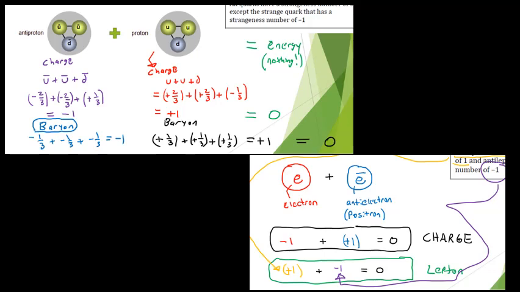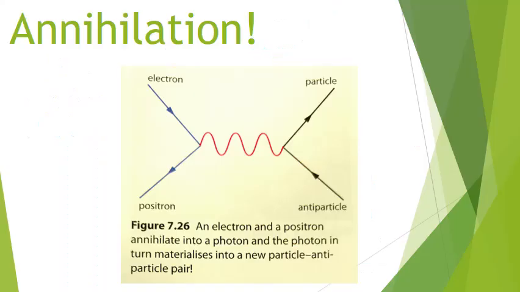So now what we're going to take a look at is this idea of annihilation. We've already looked at two examples, the antiproton and the proton colliding, and then energy being produced. Same with this electron and the anti-electron here. Annihilation occurs when the two annihilate and then you have something being produced. Now, in this case, this is kind of interesting. You have an electron and a positron colliding together.